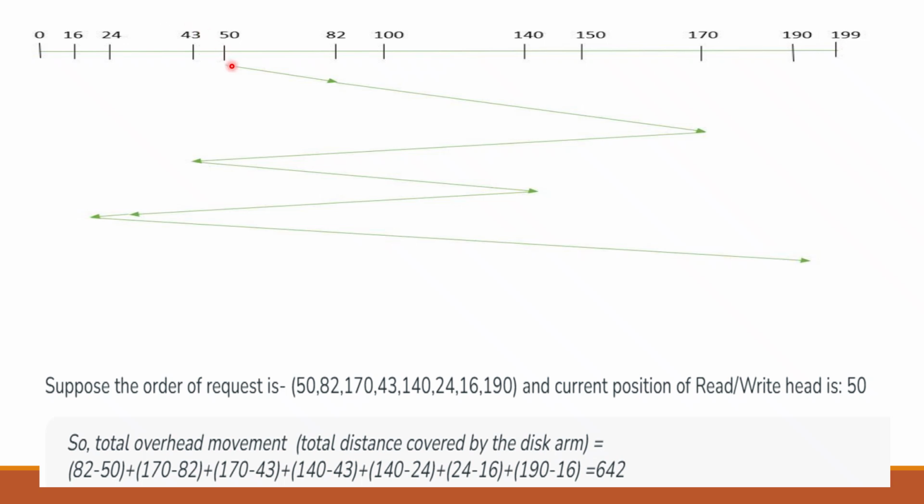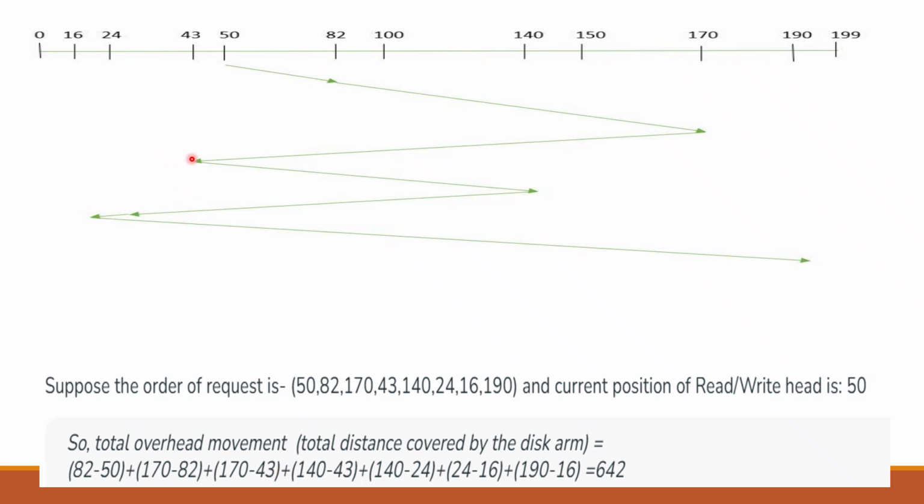The total head movement, that is the total distance covered by the disk arm, will be 82 minus 50 plus 170 minus 82. Then after 170, we go to 43, so 170 minus 43.